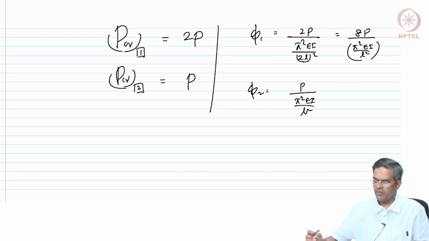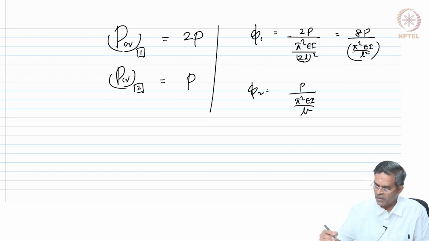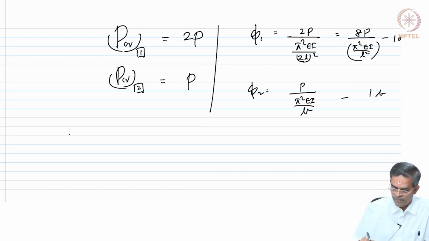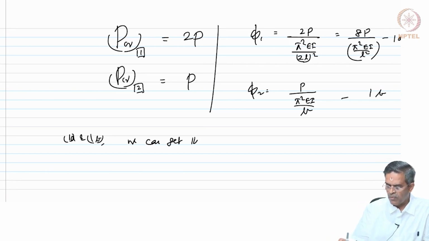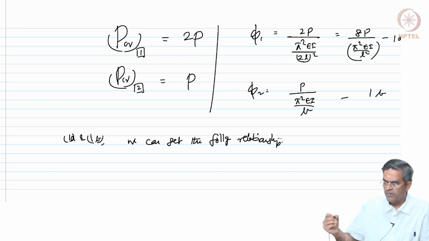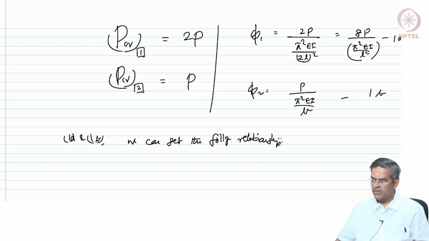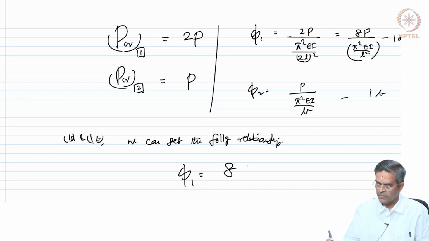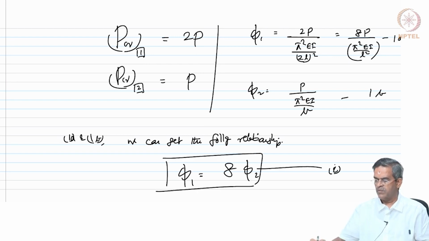So, by this logic, comparing equation 1A and 1B, we can get the following relationship: phi 1 is 8 times phi 2, equation 2.